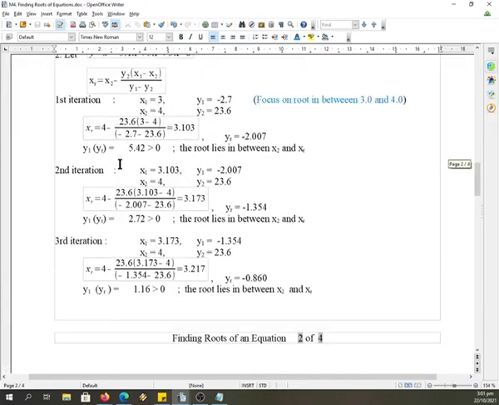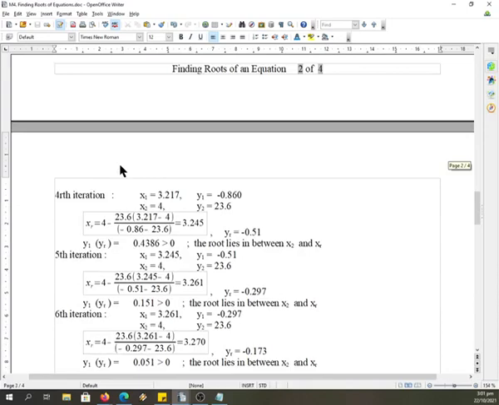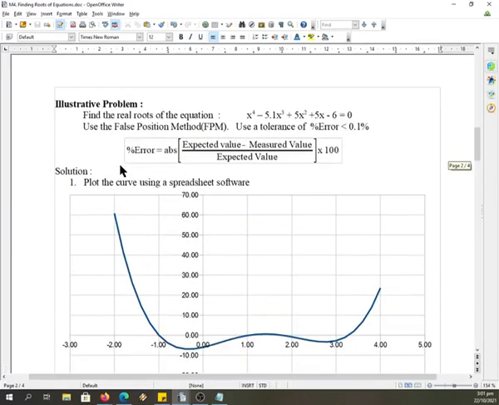Now, when do we stop the operation? I think one of the conditions is you have to use a tolerance where the percent error is less than 0.1%. How do we know that? We determine the percent error.